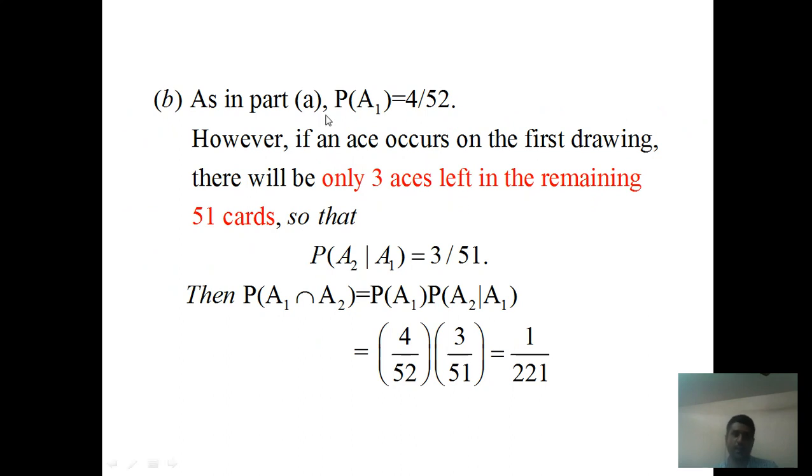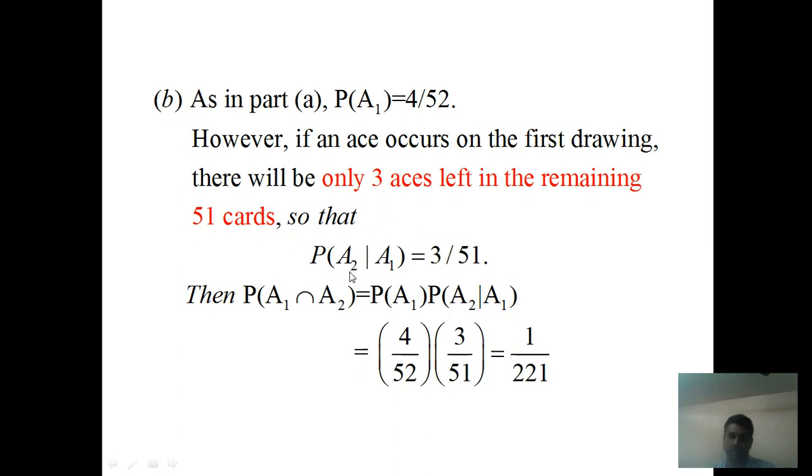Now the second part. As in the first part, the probability of A1 is 4 divided by 52. However, if an ace occurs on the first drawing, there will be only 3 aces left in the remaining 51 cards. So the probability of A2 given A1 is 3 divided by 51. Here we have to use the conditional probability.